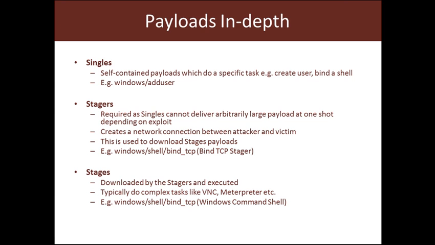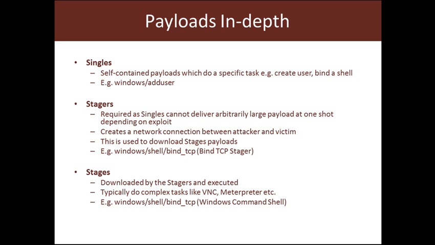So this is where Metasploit has done an innovation called stagers. So what are stagers? Well, in the payload, a very small piece of code runs called the stager, which creates a network connection between the attacker and the victim.